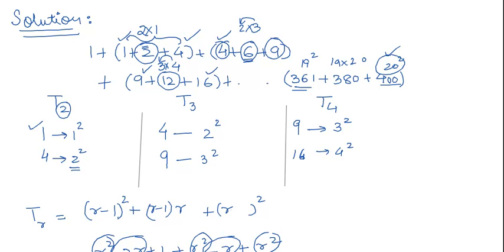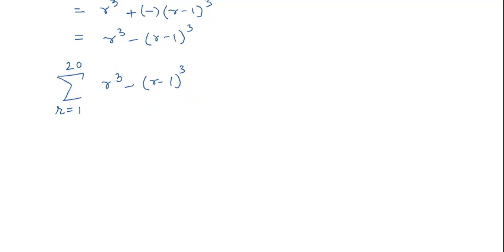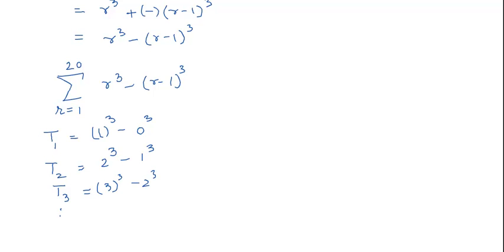So from r equal to 1 to 20, if we write the term wise summation, we will be getting t1 equal to 1 cube minus 0 cube, t2 will be equal to 2 cube minus 1 cube, t3 will be equal to 3 cube minus 2 cube, and so on. If we go to t20, we will be getting 20 cube minus 19 cube.